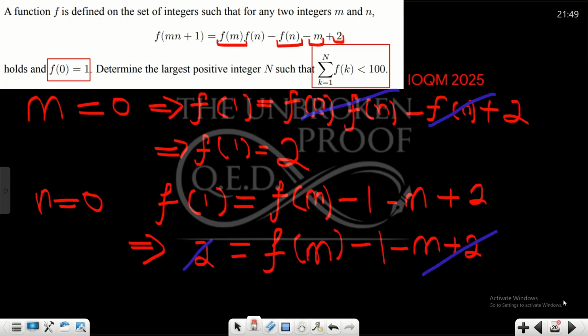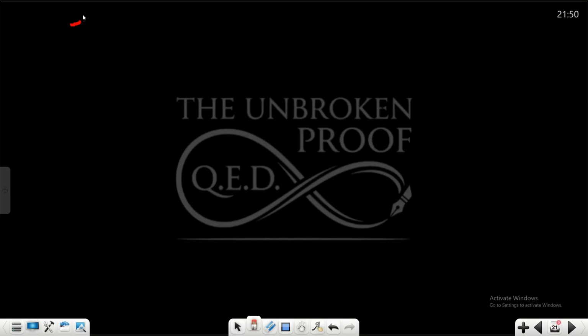So finally you will get the equation of f as f of m is equal to m plus 1.